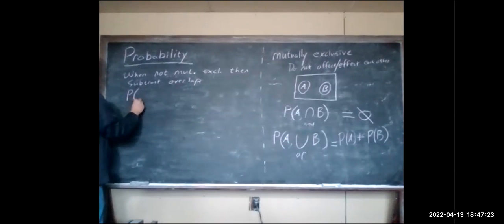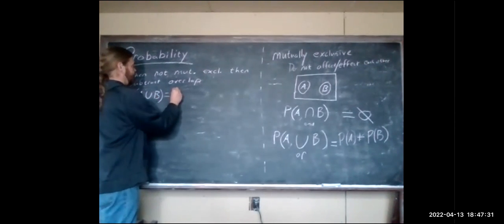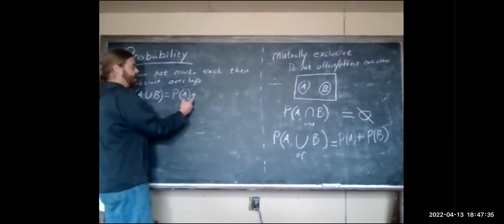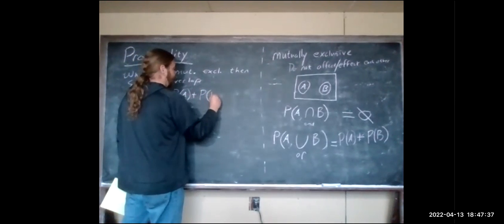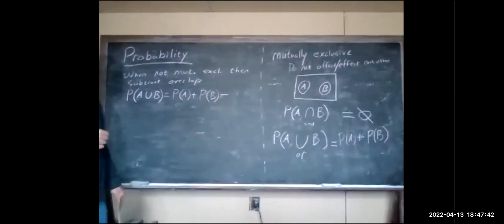So the probability of event A or event B, oh, again, that's our sum, the probability of A or the probability of B, minus the overlap, which would be the intersection.